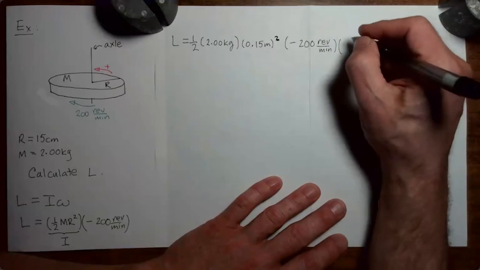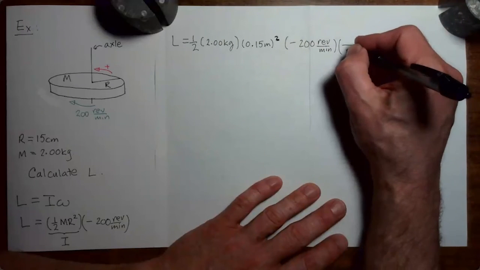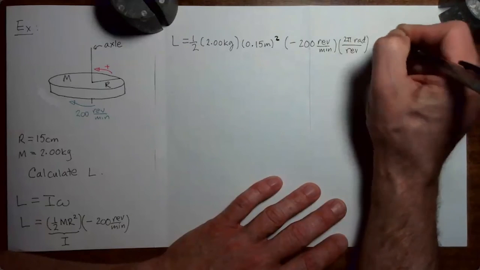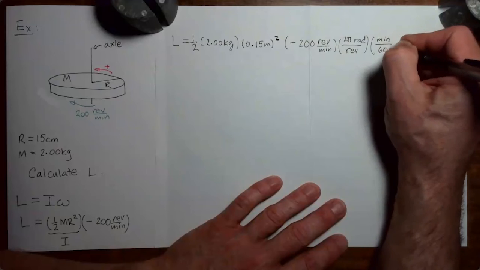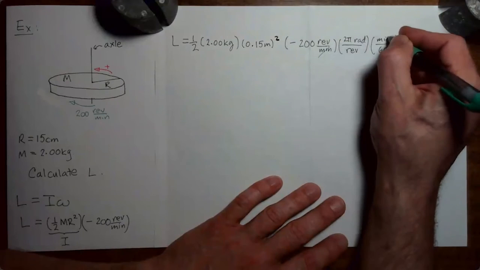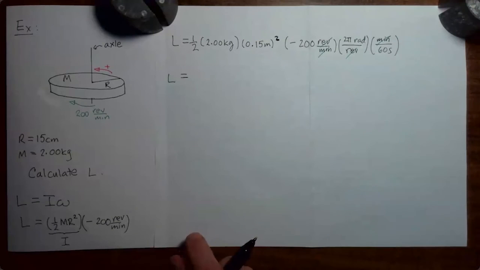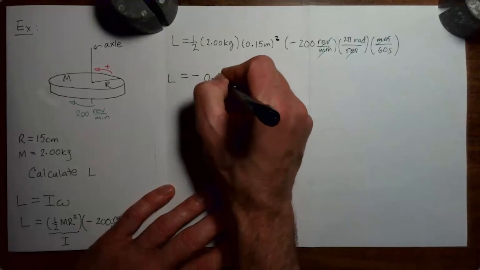To convert from revolutions to radians, I put in a conversion factor. A revolution is equal to 2 pi radians. A minute is 60 seconds. Notice the cancellations here. Minutes cancels minutes, revolutions cancels revolutions. When I put everything into my calculator, I get angular momentum equals minus 0.47.